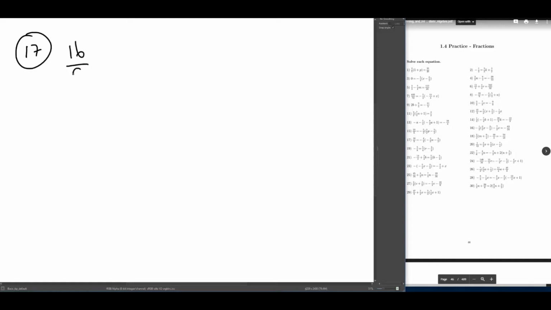16 over 9 equals minus 4 over 3 brackets minus 4 over 3 n minus 4 over 3. Now here they're messing with us by using a bunch of 4 over 3's, but it's just still the same thing. You start by getting rid of the brackets, right? Can you solve for what's in the brackets?